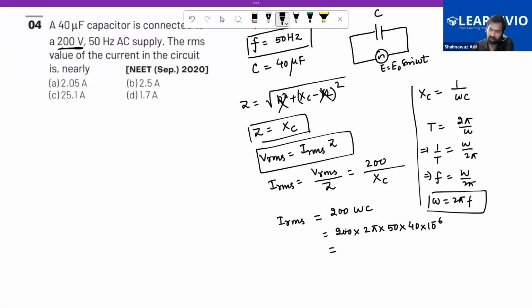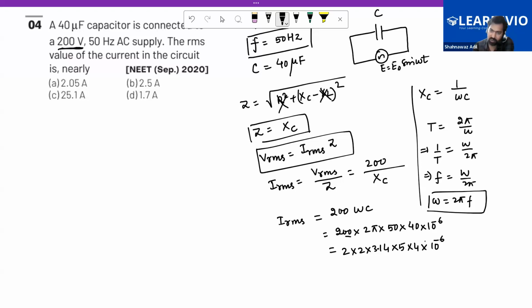So this is 5 fours are 20, and then this is 4. So this is 2, 2s are 4. Let's write all the powers in one side. So 2 into 2 into 3.14 into 5 into 4, and then this is 10 to the power minus 6.